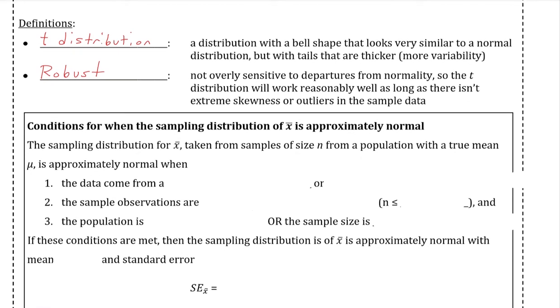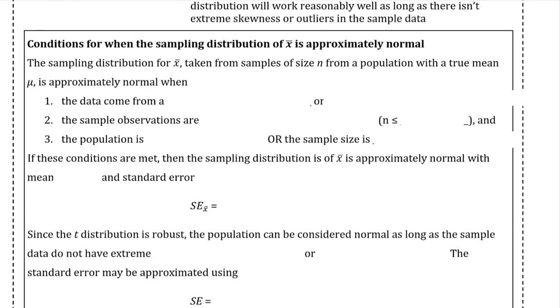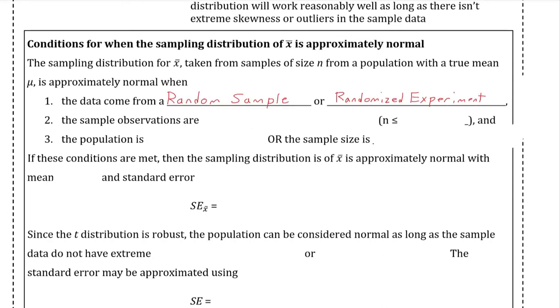However, in order to even use the t-distribution, we need to ensure that the sampling distribution of x bar, the distribution of sample means, is approximately normal. Our conditions for this are, first, that the data comes from a random sample or a randomized experiment. The second condition is that the sample observations are independent.